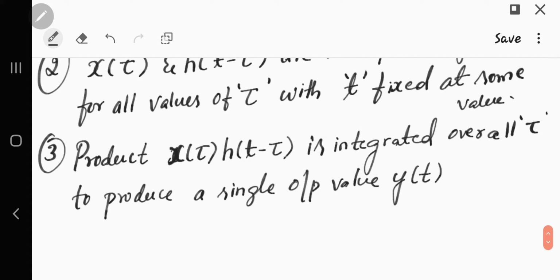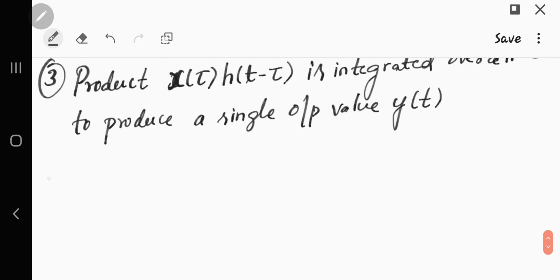So steps 1, 2, 3 are repeated until the complete signal moves from one end to the other. One signal is constant, the other varies from one end to the other, and till the shifted signal passes the other signal, the process repeats steps 1, 2, 3.